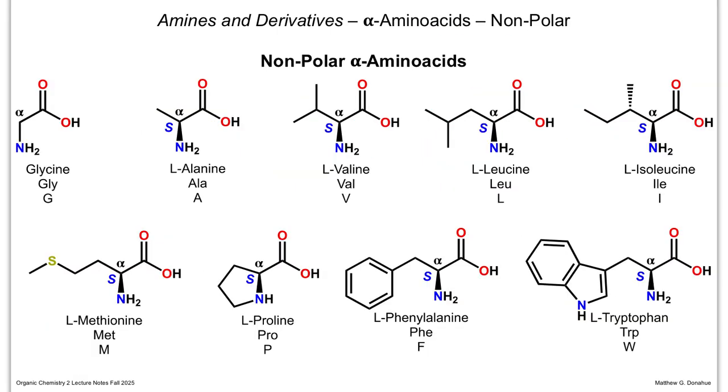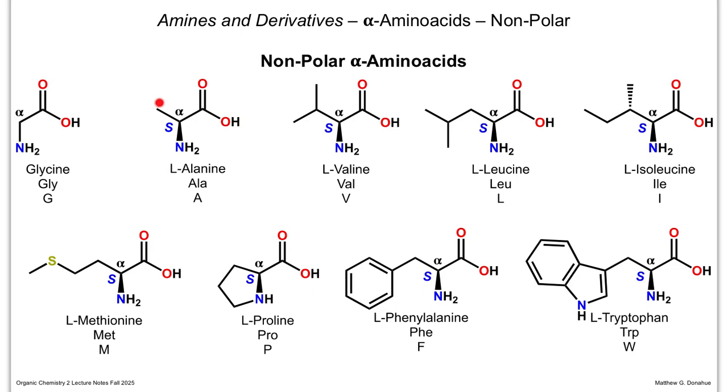So for nonpolar amino acids, you can think of this in 2 different ways, either lipophilic or hydrophobic, depending on what kind of medium you're in. Lipophilic means fat-loving, hydrophobic means water-hating, the same way of describing things.